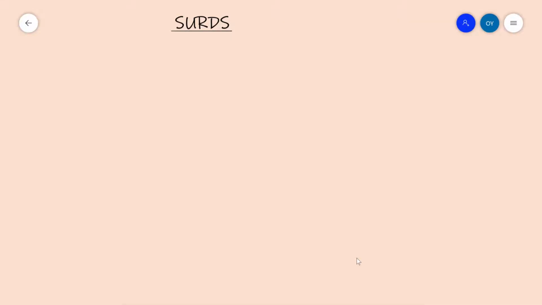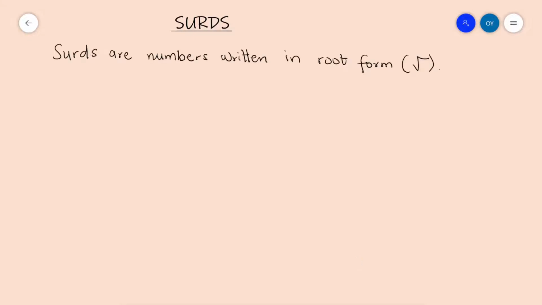Our topic today is surds. Surds are numbers written in root form. An example is the square root of 8. This can be written as the square root of 4 times 2, and we can separate this as the square root of 4 multiplied by the square root of 2.